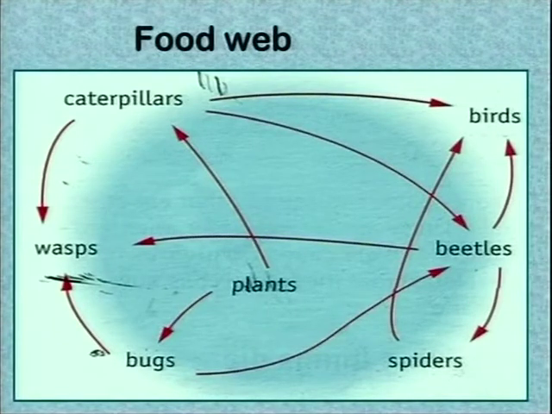It shows us the number of living things that have been affected in the pyramid. But this is a food web, and you try to see in which areas non-biodegradable materials affect the food web. And eventually we as human beings are also affected.